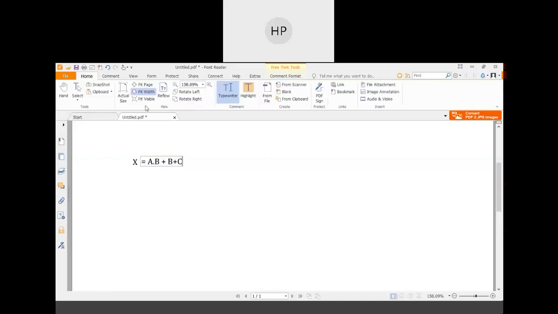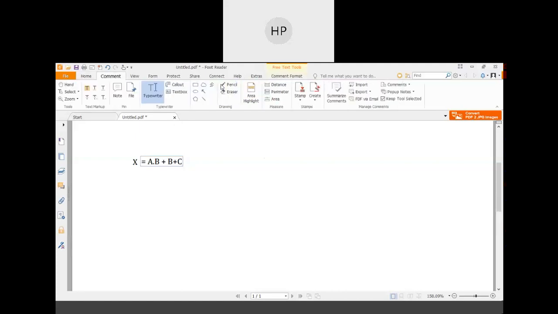So we have this logical expression. What you need to do, step number 1, is figure out what logic gates are included in this particular expression. How to do that?